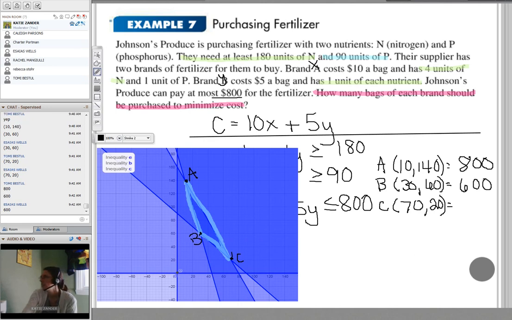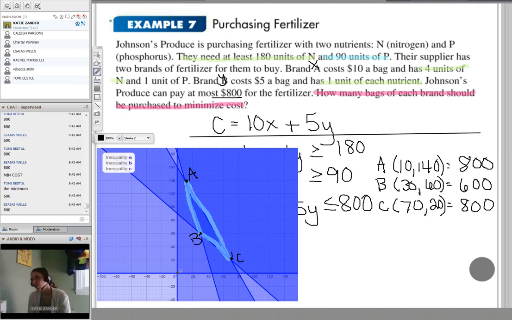Okay, and then lastly, if we buy 70 bags of brand A and 20 bags of brand B, another $800. Ugh. All right, what were we trying to find with this story problem? Were we trying to find maximum or minimum? We were trying to find minimum cost. So what's going to be our minimum cost?